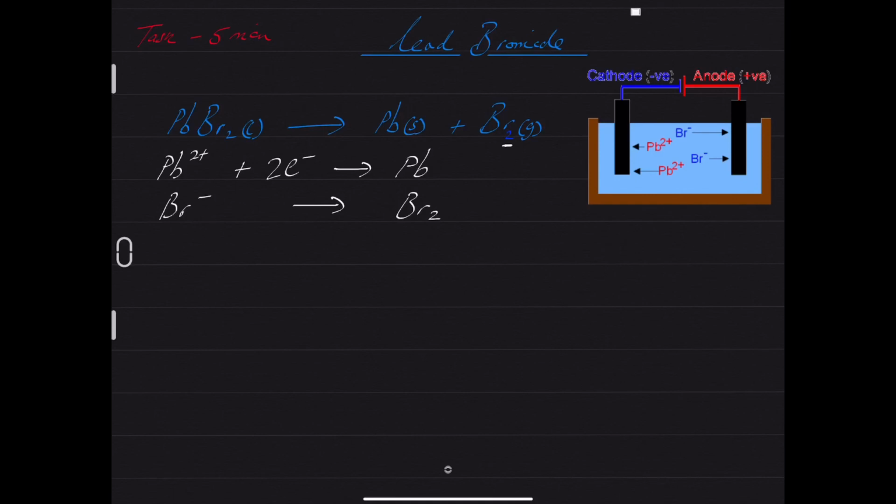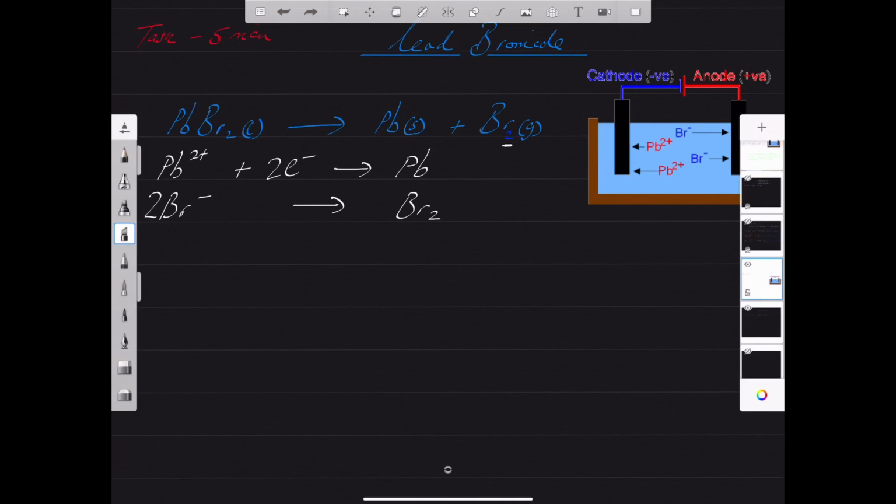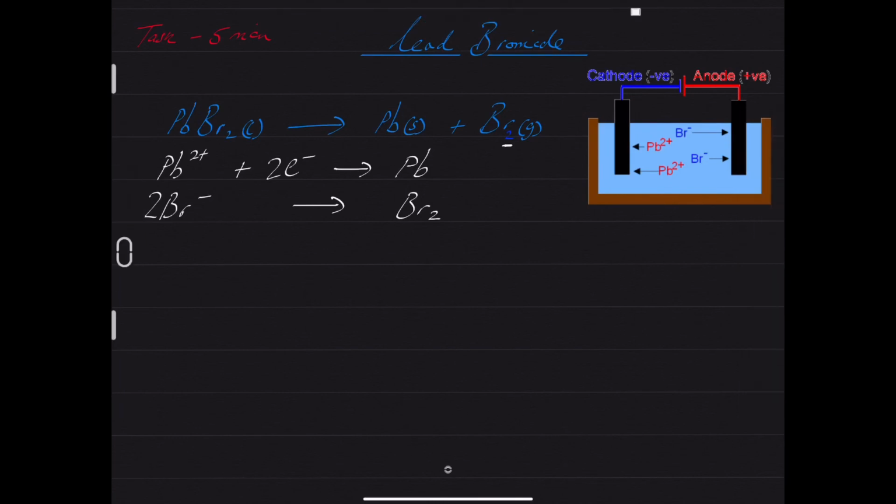Therefore, we need a coefficient of 2 here, and therefore we need plus 2 electrons here. If bromine is starting with Br minus and we have a coefficient of 2, therefore we need to take out two electrons to give us Br2, a diatomic neutral molecule.